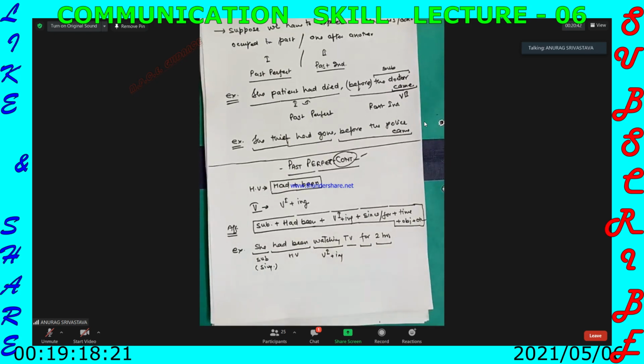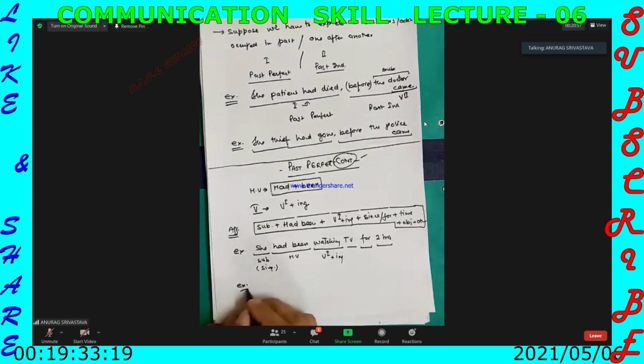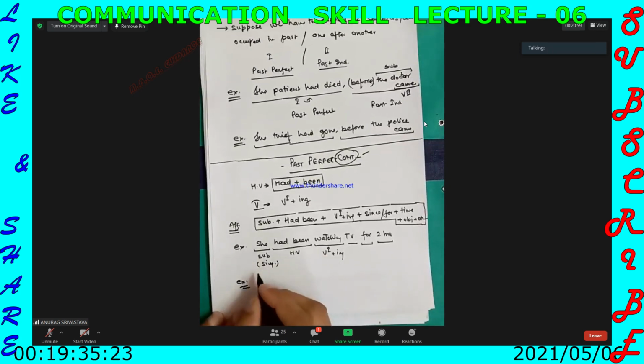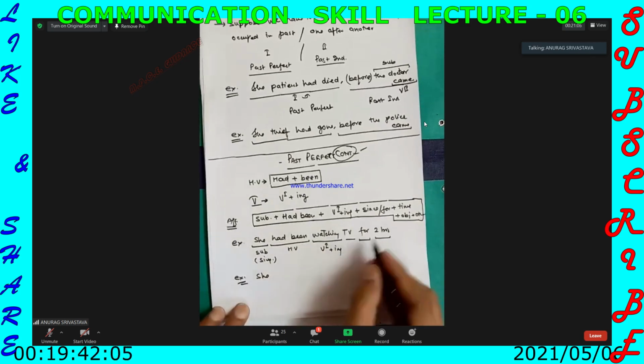We have discussed that for a particular length of time we will use for, and for a definite point of time we will use since. So because we are given 2 hours, for will be used. Another example, suppose the same sentence is written but there is some change in the timing.